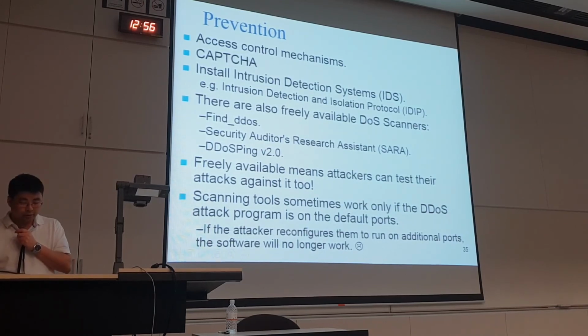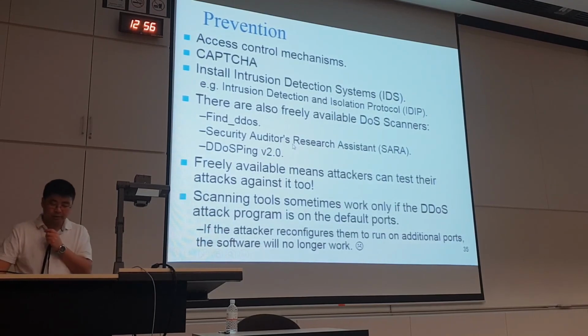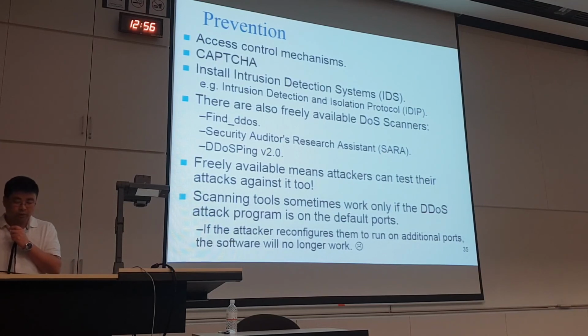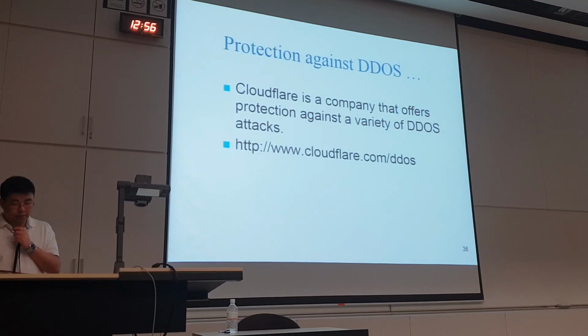Okay. We can also use intrusion detection and prevention protocols, and isolation protocols. We will look at this later in intrusion detection. There are also some other scanners available. You can use a scanner to scan whether there is any potential vulnerability for the attacker to carry out a denial of service attack. Also you can go to some websites. This is one of the websites.